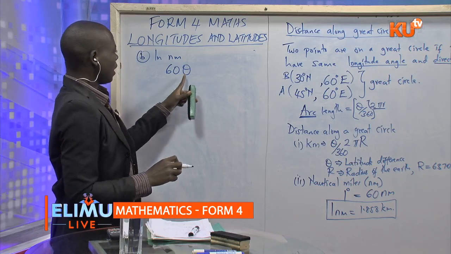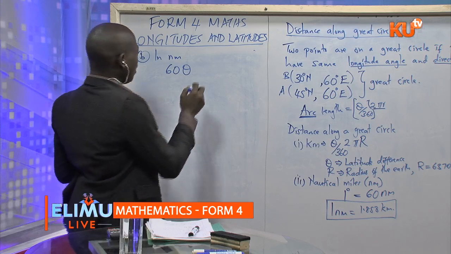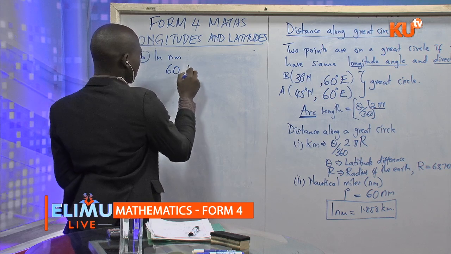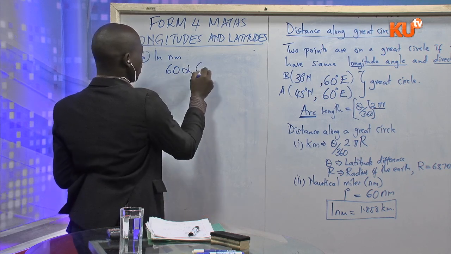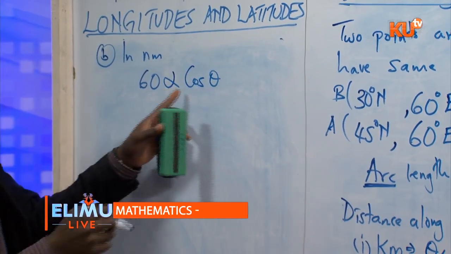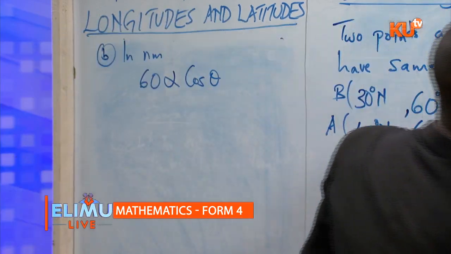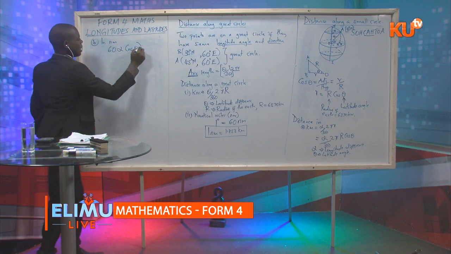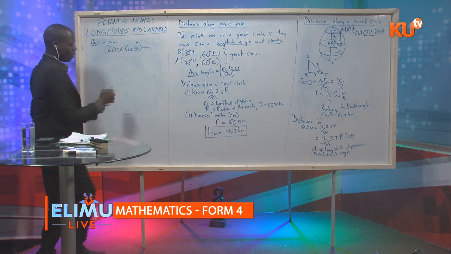So we have 60 theta. And so we are only going to add now, instead of this theta, for our case of our relation here, 60 alpha, then cos theta, where theta now is bringing in this part for the small circle. So this is how we calculate distance in nautical miles along a small circle.